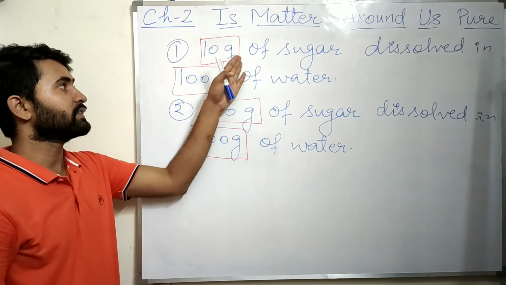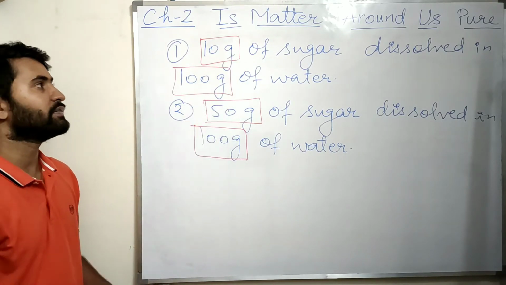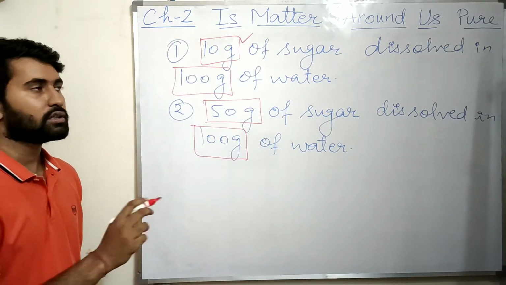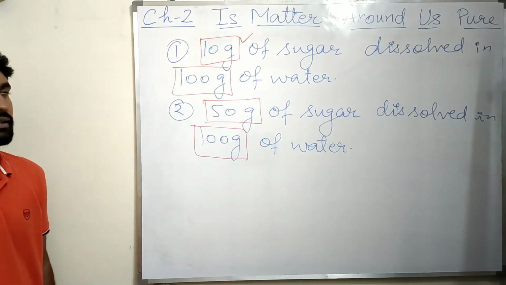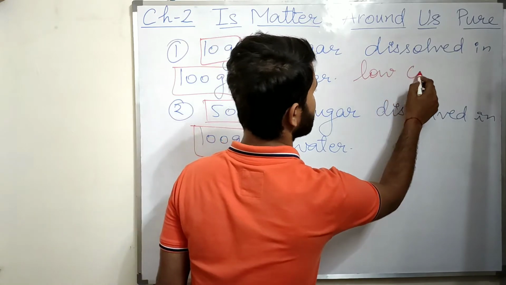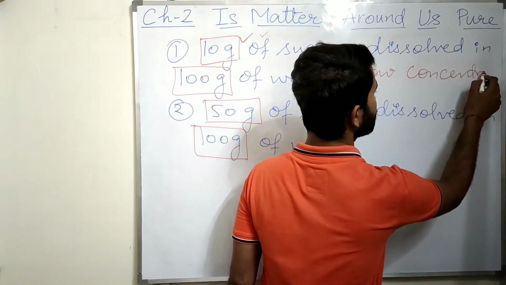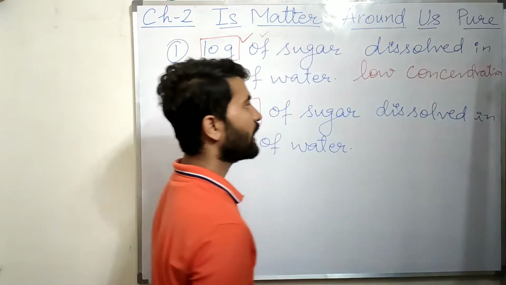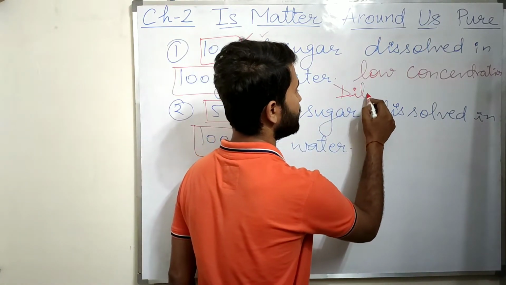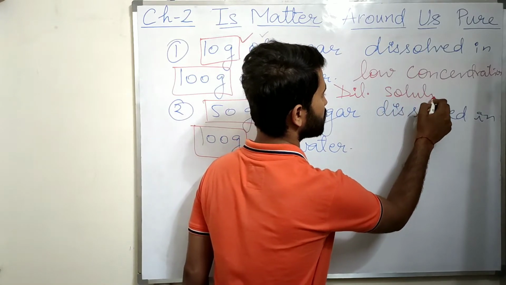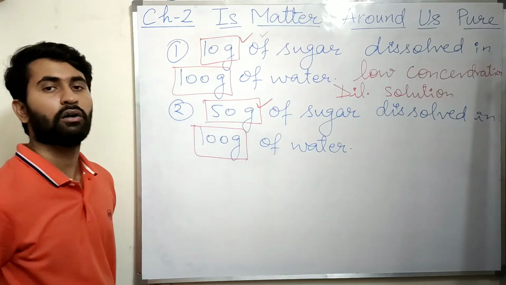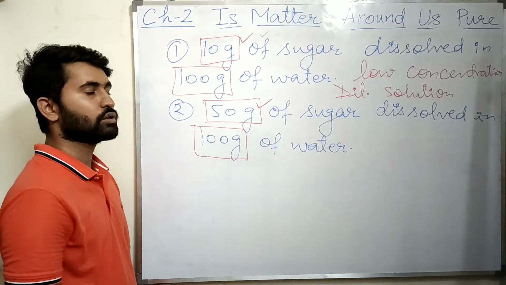It is clear that the first beaker has a small amount of solute dissolved in the solvent. So it has low concentration and it is a dilute solution, whereas the second has a large amount of solute dissolved in the solvent.